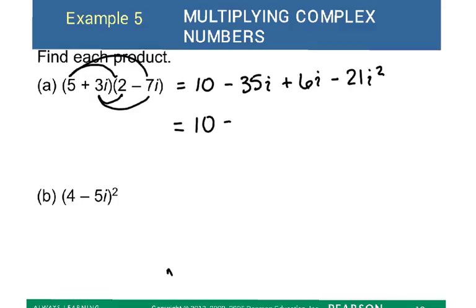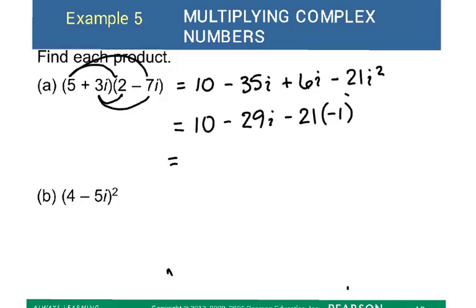Let's combine terms. Our imaginaries, combine those, and our real numbers, we're going to combine those. -35i plus a 6i, that's going to give us, let's see, -29i. And like I stated before, this i squared is going to be a -1. So we're going to multiply our -21 by -1 to end up getting a positive number.